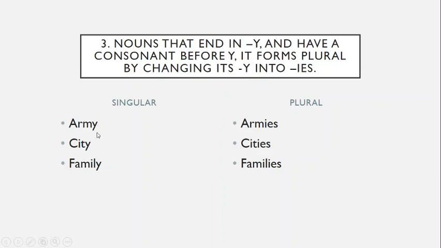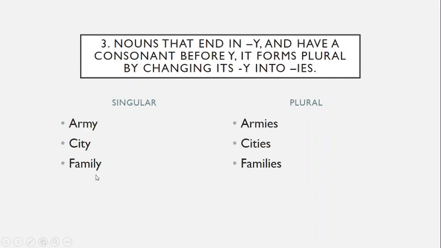Have a look at the city. Y at the end and before y there is t and t is a consonant. So in this word city we will remove the y and it will change into ies. So the city became cities.